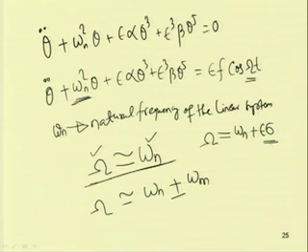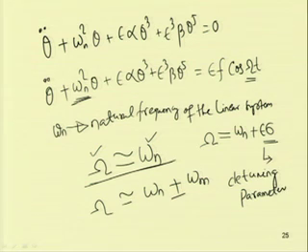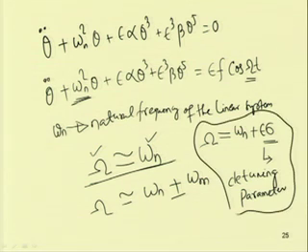Here sigma is known as the detuning parameter. So, one can use the detuning parameter to express the nearness of the natural frequency to that of the external frequency.